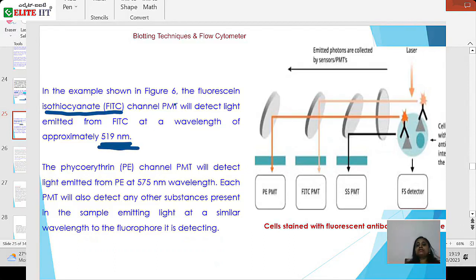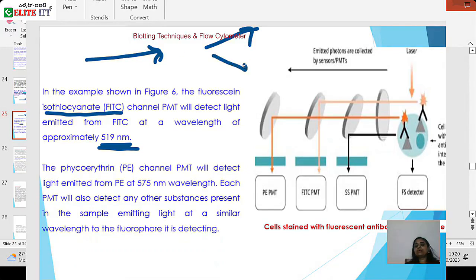Generally in fluorescence, you are giving a laser beam, and it will scatter in a different wavelength. We are measuring the scattering wavelength or emission wavelength, the light of emission. So we detect light emitted from the FITC at a wavelength of approximately 519. So the emission light wavelength for FITC is 519.